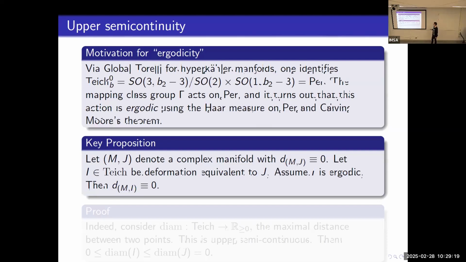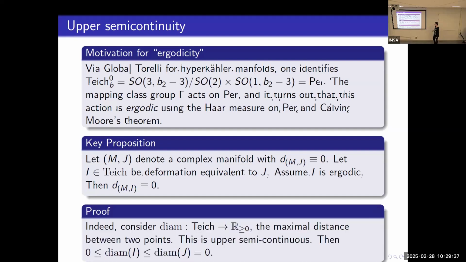So every time you have some ergodic complex structure with the same deformation type as some complex structure that has vanishing Kobayashi pseudodistance, the ergodic one also has vanishing Kobayashi pseudodistance.